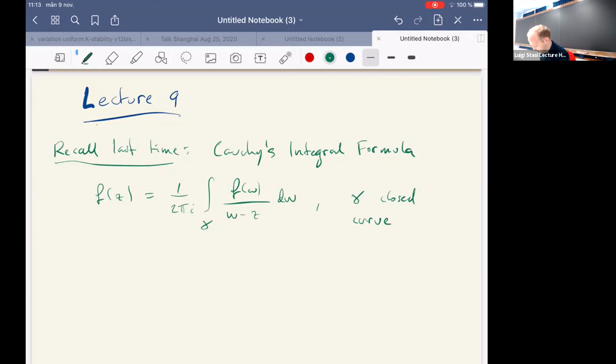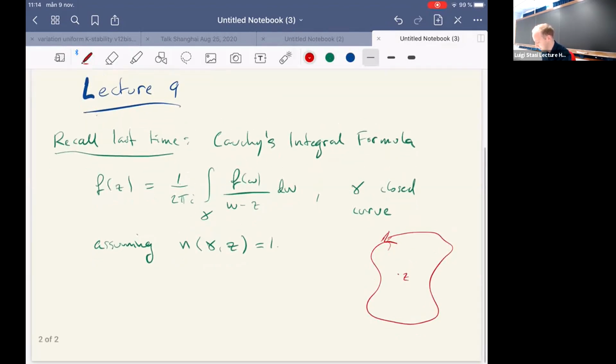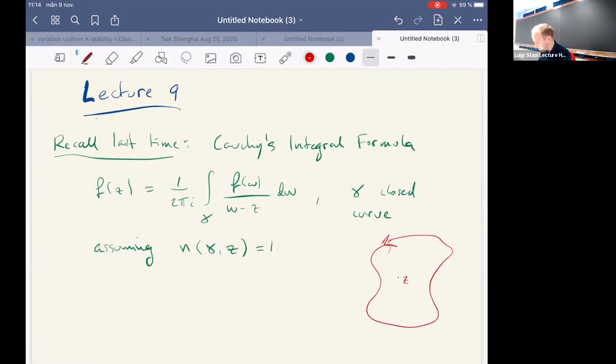And this was also assuming that the winding number of z in this curve gamma was equal to 1. So remember, the winding number, if you had some curve here, it meant it was winding around z exactly once, right? So you have this concept of the winding number of a curve.